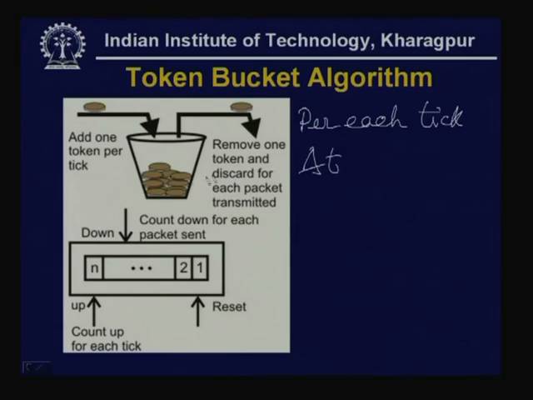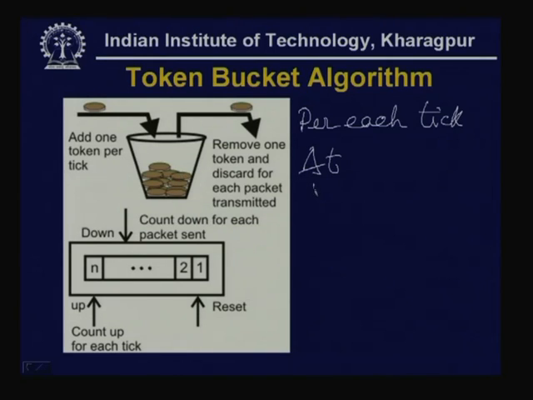On the other hand, after all the tokens are exhausted, it will introduce the packets at the rate of 1 token per tick. That means it will become same as the leaky bucket algorithm.